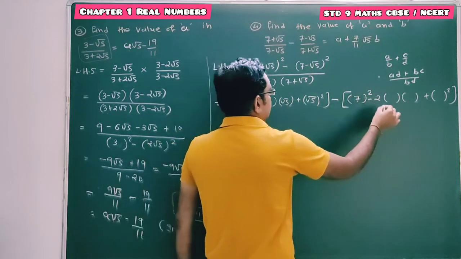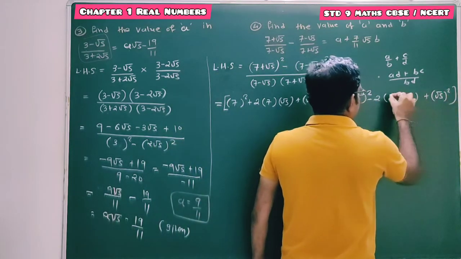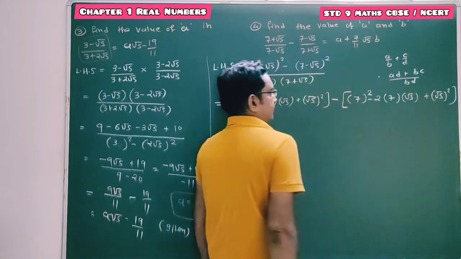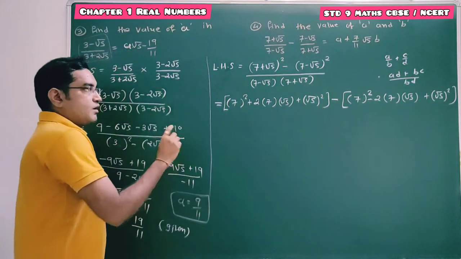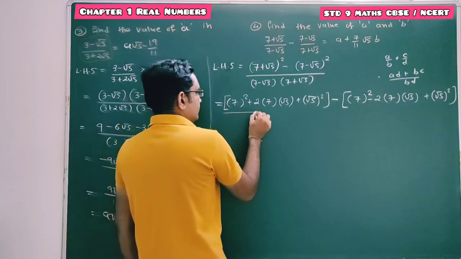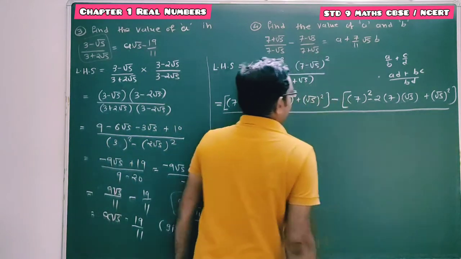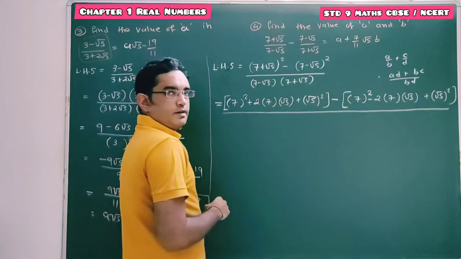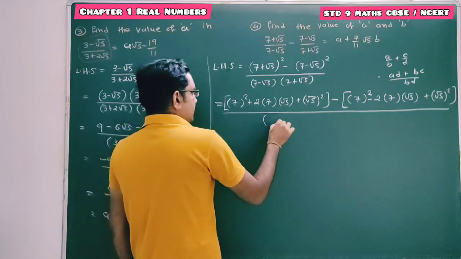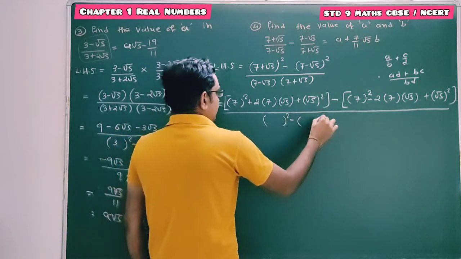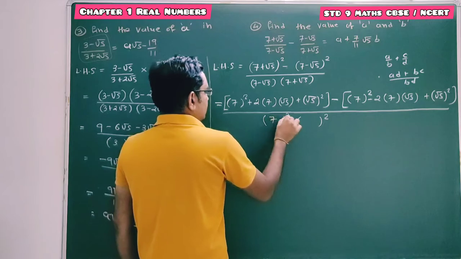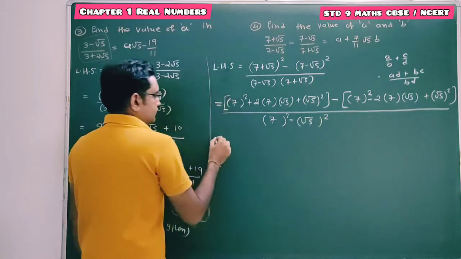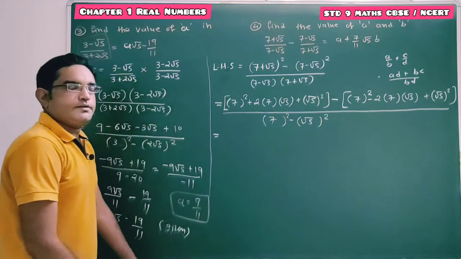So it's 7, root 5, 7, root 5. Understood? Now in the denominator we have (a minus b)(a plus b), which is first term square minus second term square, 7, root 5. Clear?